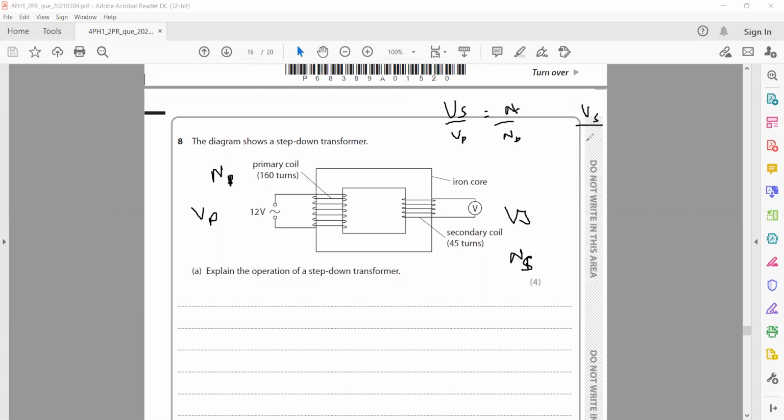So Vp is 12, number of turns of secondary 45, number of turns of primary 160. So Vs is equal to 45 multiplied by 12 divided by 160. So we get the voltage of the secondary, which comes out as 3.4 volts, as it is a step down transformer.